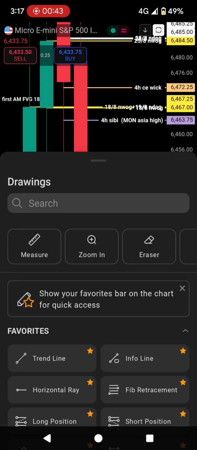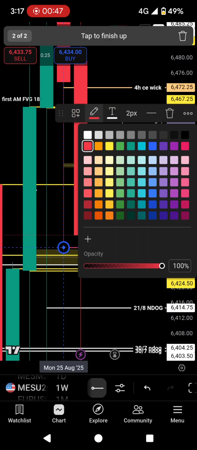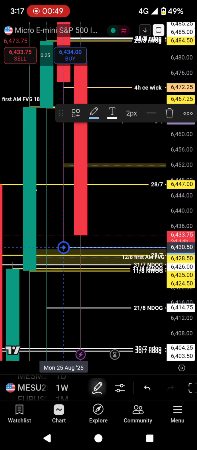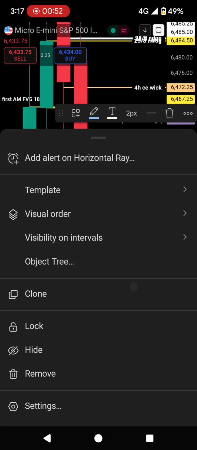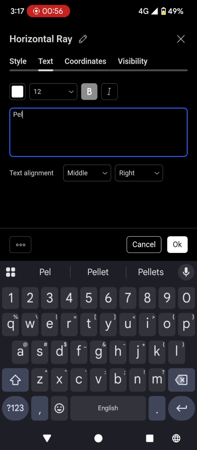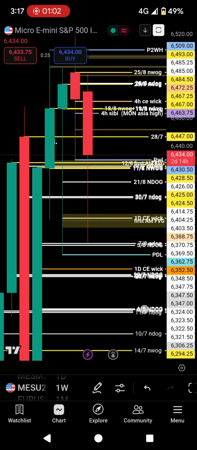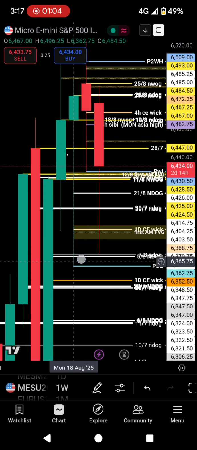So this is the previous week low. I'm gonna draw it out. Okay, so we have traded through the previous week low stop.